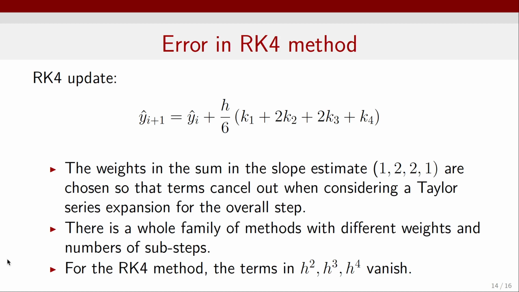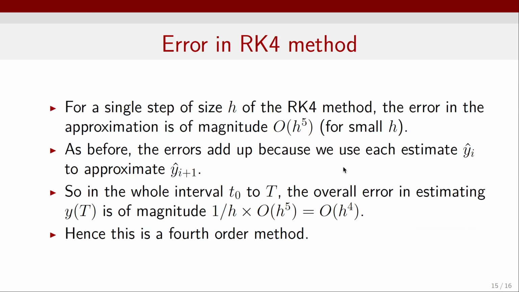So in this case, for the RK4 method, the terms that depend on h squared, h cubed, and h fourth, they vanish. It's been constructed to make them vanish. So for a single step of size h of the RK4 method, the error in the approximation can be shown to be of order h to the fifth if the time step h is small enough.